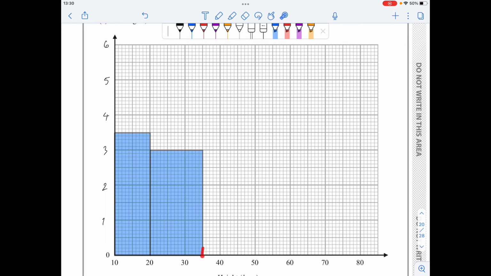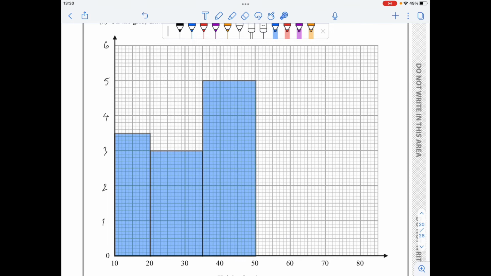Third one from 35 to 50 with a height of 5. Next one, 50 to 70, height of 2. And the last one from 70 to 80 with a height of 0.8. And that's how the final histogram looks.